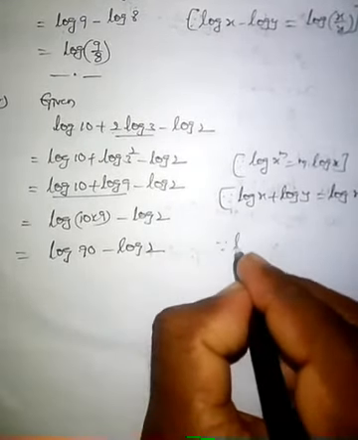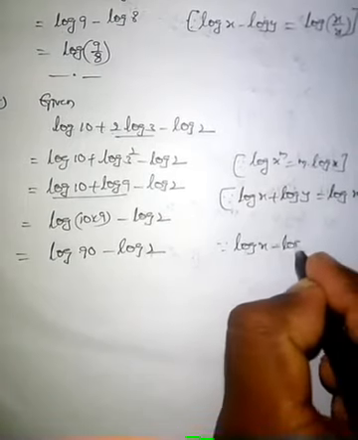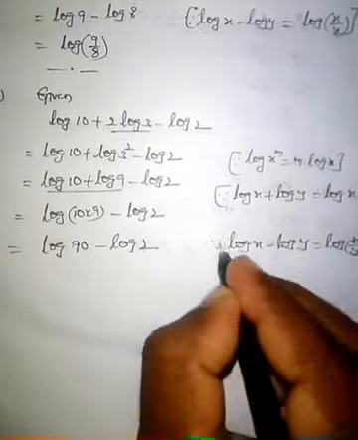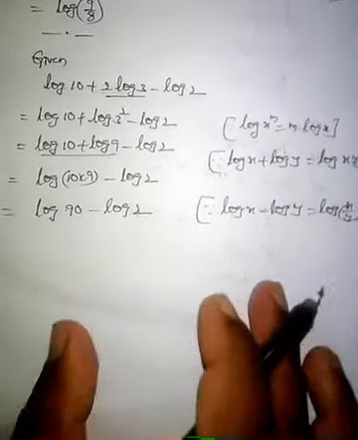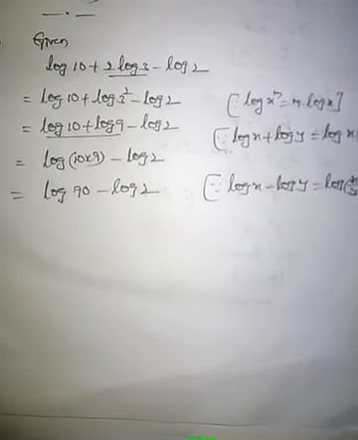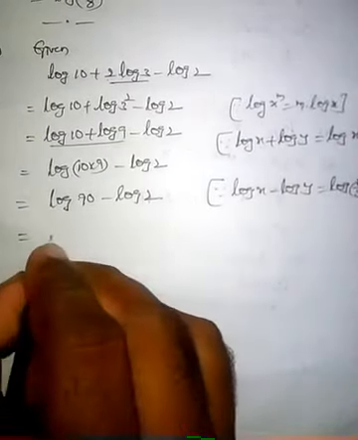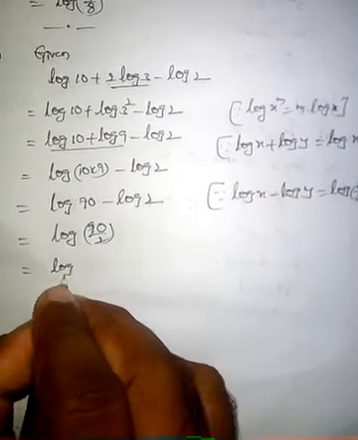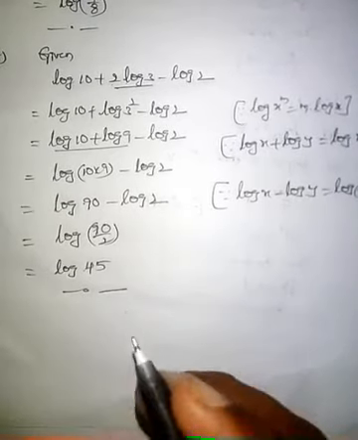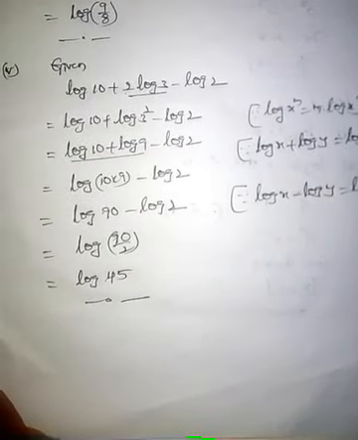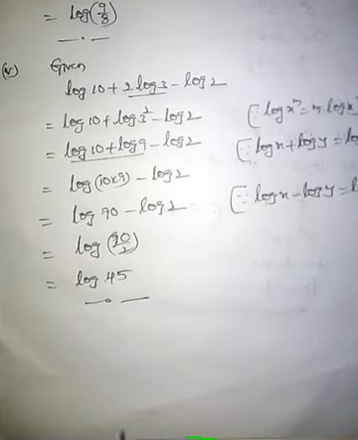Now this is in the form of log x minus log y, so you can write log x by y. So log 90 minus log 2 is equal to log 90 by 2, that is log 45. This one also we wrote as a single logarithm. We can't find the log 45 value without using the logarithmic tables, so just leave it.